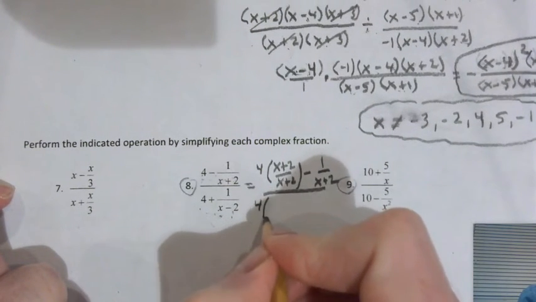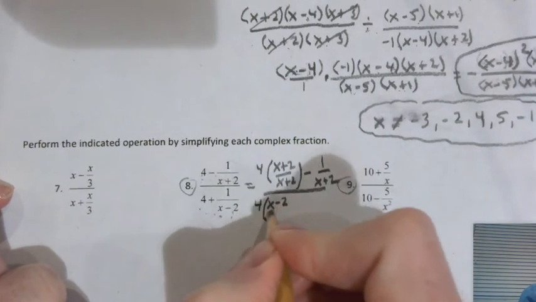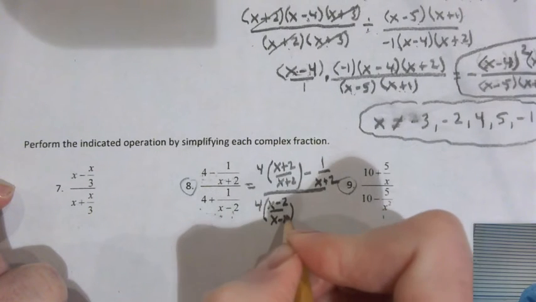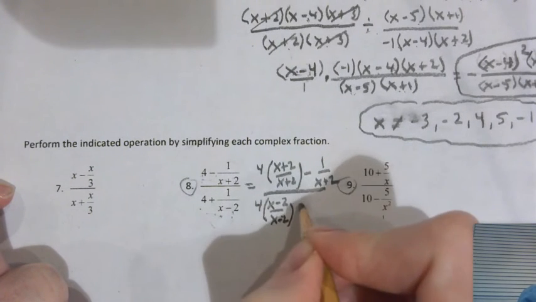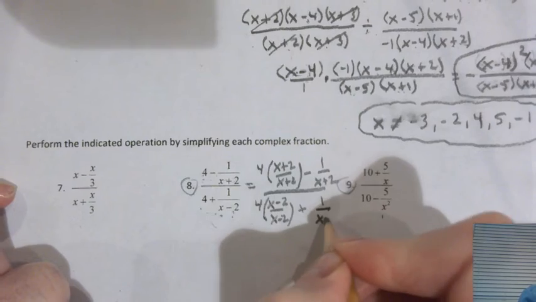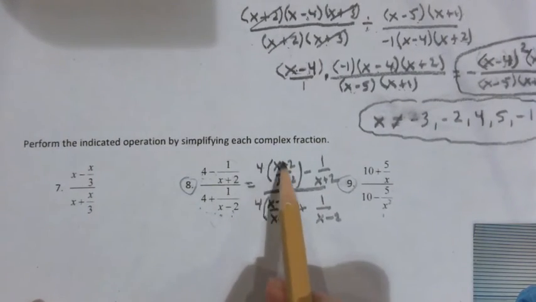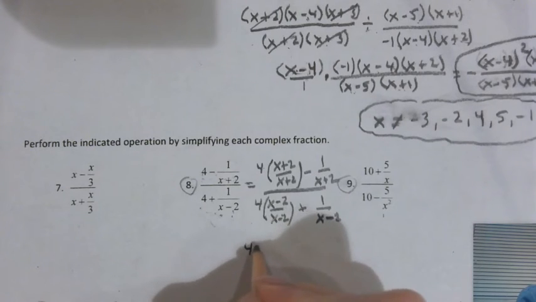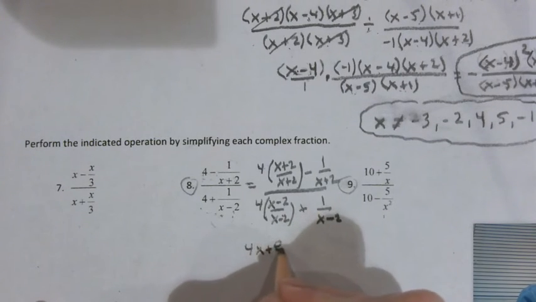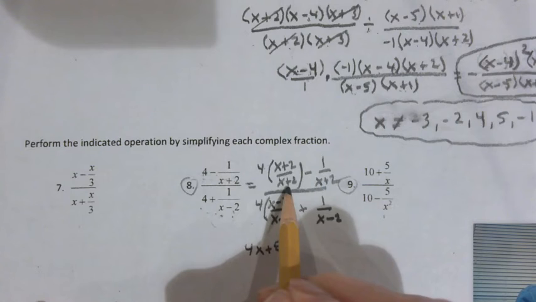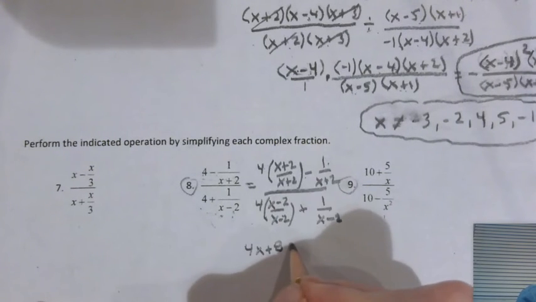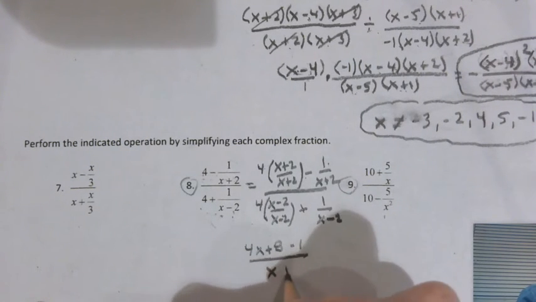So I've got 4 times x minus 2 over x minus 2, and then plus 1 over x minus 2. Okay, so now on the top, we've got 4x plus 8 over x plus 2 minus 1 over x plus 2.